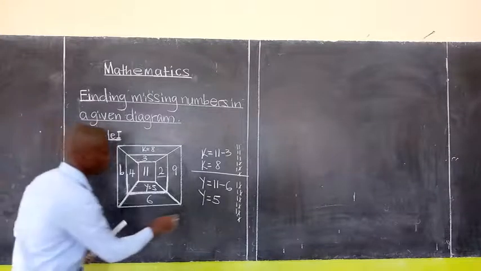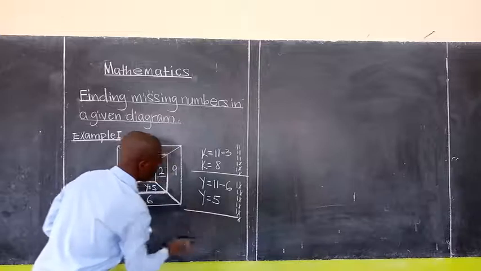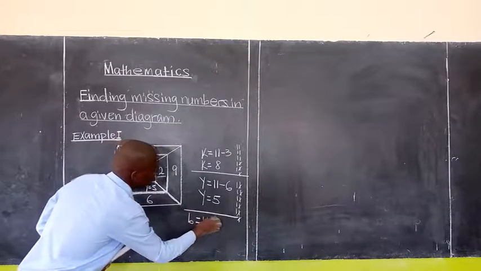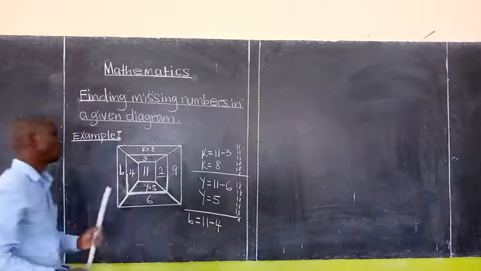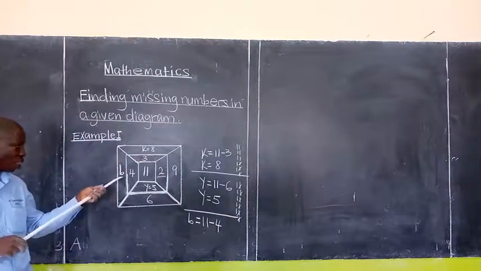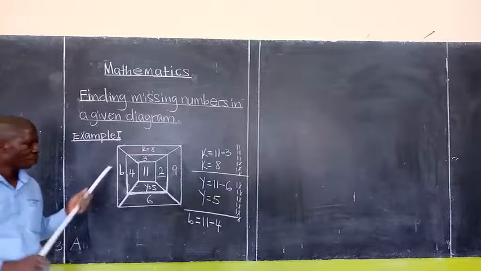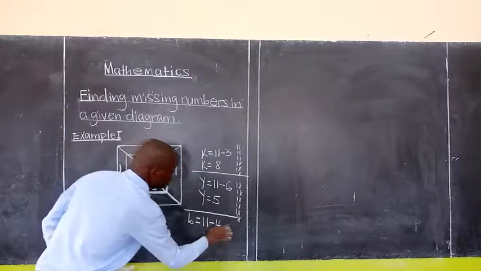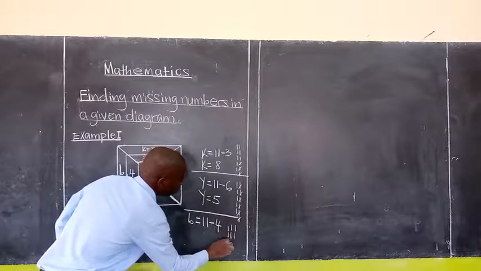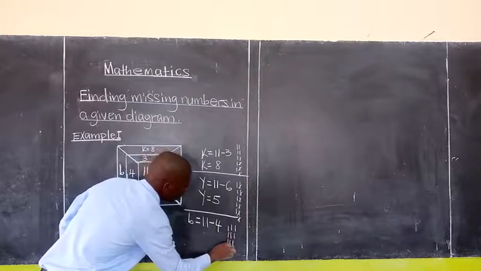So we shall say B equals 11 take away 4. So we are subtracting 4 from 11 so that we get what is here. 1, 2, 3, 4, 5, 6, 7, 8, 9, 10, 11.